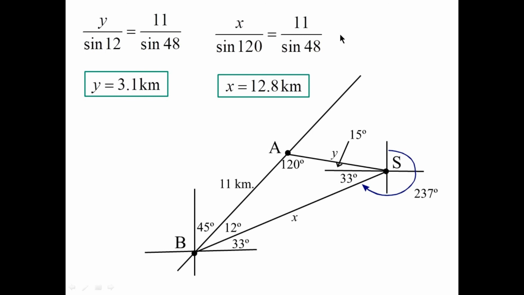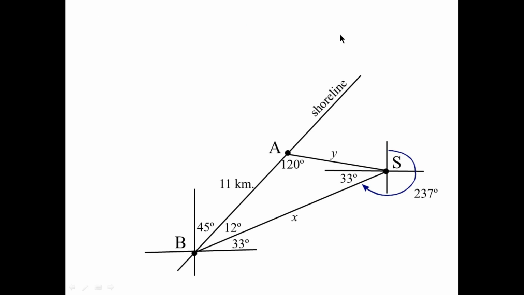And there was one other question: how far is the sailor from the shoreline? Well, there's the shoreline, here's the sailor. Let's draw straight over. Now that forms a right angle triangle, and we want that distance, call it D, I suppose. Now notice this is 120, so this must be the supplement of 120, and that's 60, because 120 plus 60 makes 180 degrees.